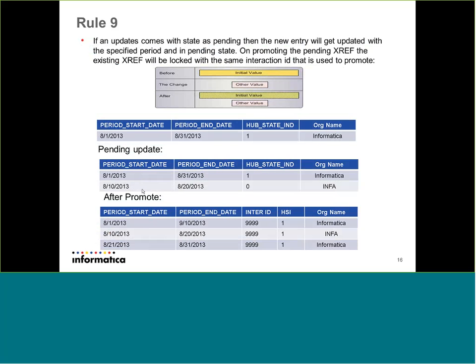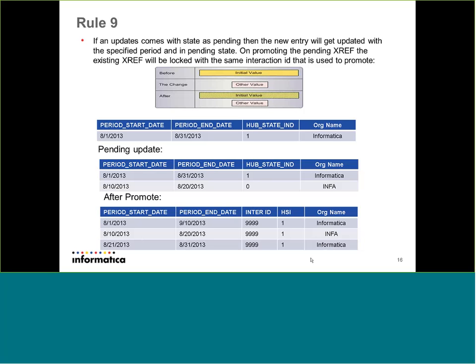After promoting this pending record, it will further segregate following the time rules 1 to 8. Say when I promote it, it will fall under rules 3 and 4, in that it has to break: 1st of August to 10th of August it has to be Informatica, from 10th to 20th it is INFA, and 21st to 31st Informatica.